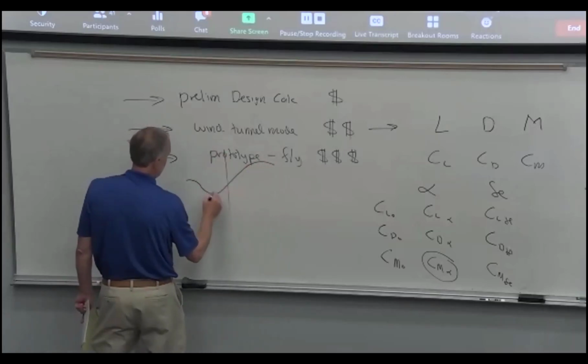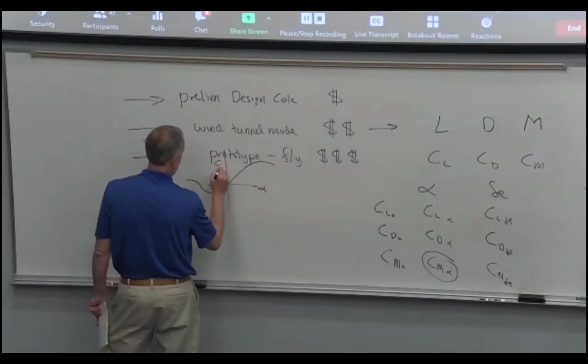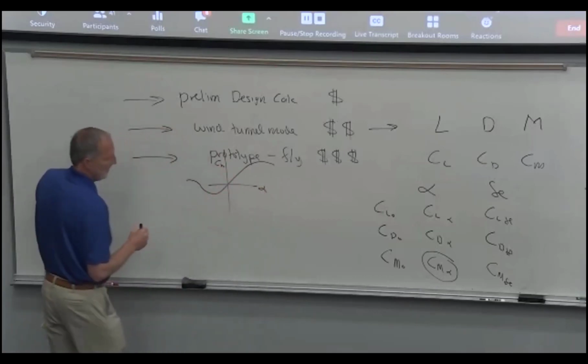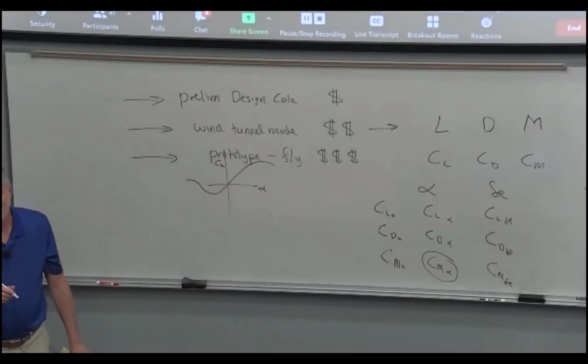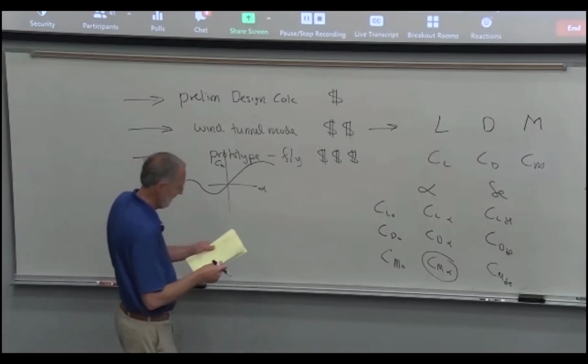This is CM versus alpha. And they looked at it, and they had to fly tomorrow. The next day was the opportunity they needed to fly. The guy that did their stability and control said it's unstable, and the rest of the group said, doesn't matter, we got to fly. And it didn't turn out well. So yeah, I'm sure he'll tell you that story.